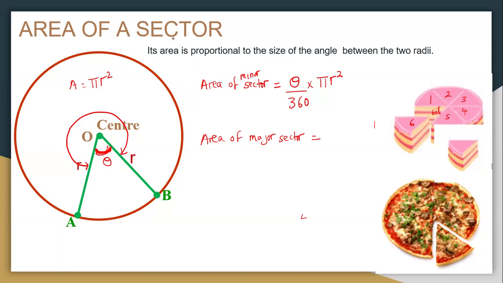What is the angle? Yes, Desire? It is 2 theta? Really? It's 300.